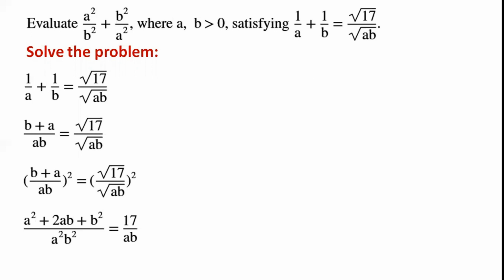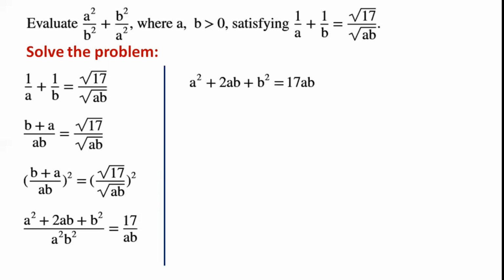By expanding both sides of the equation, we can now write a squared plus 2ab plus b squared over a squared b squared equals 17 over ab.